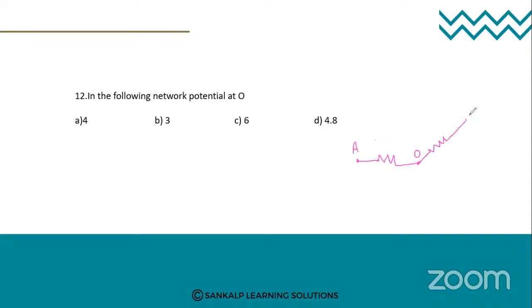Okay, so this point is B, and here one more branch is there, and this is C. So here we have 2 ohm, and here we have 4 ohm, and here there is a 2 ohm again, and at A we have 8 volt, and at B we have 4 volt, and at C we have 2 volt. So please copy down the circuit.